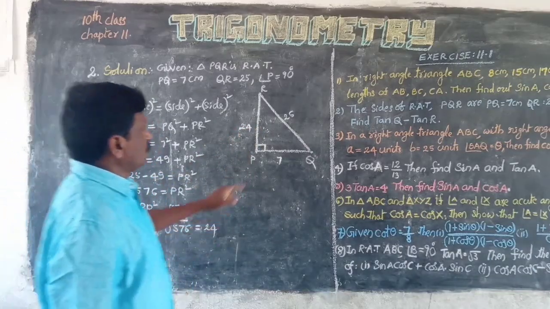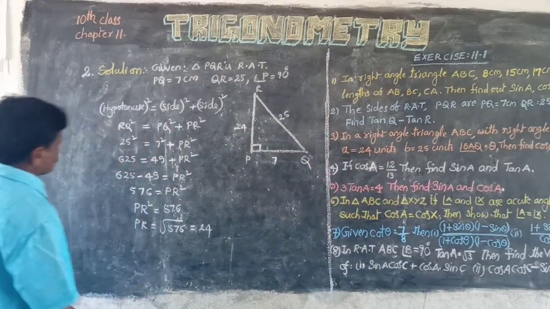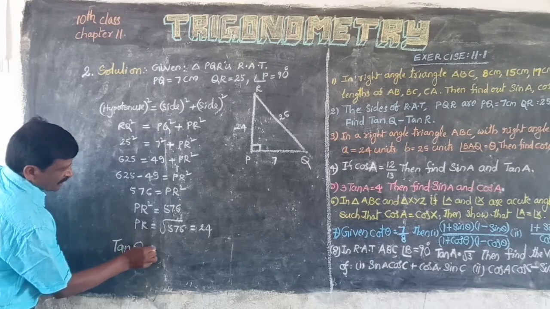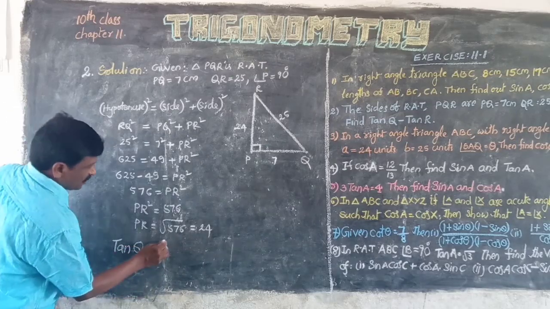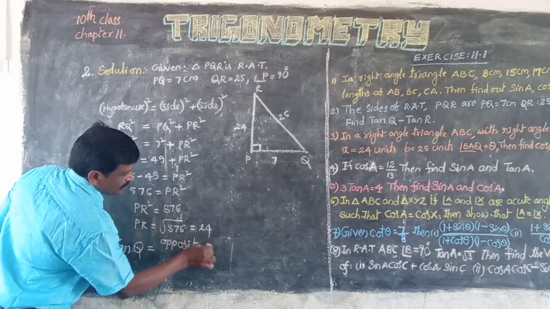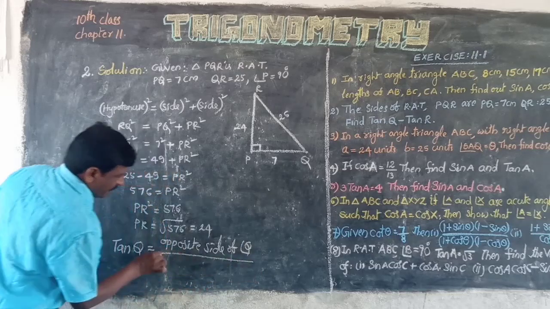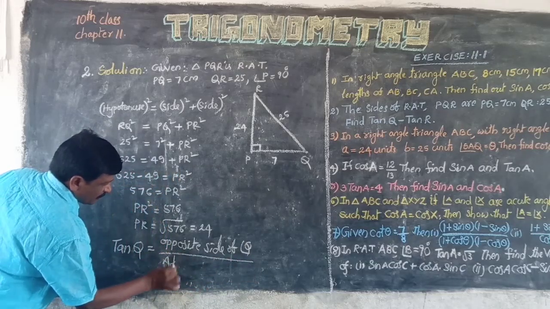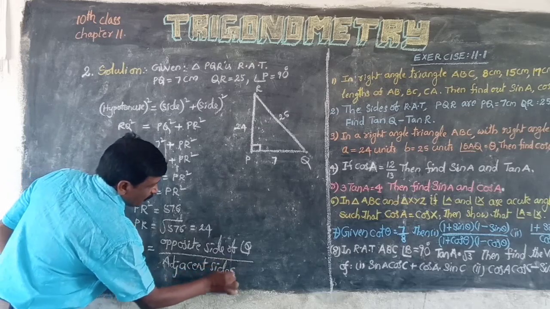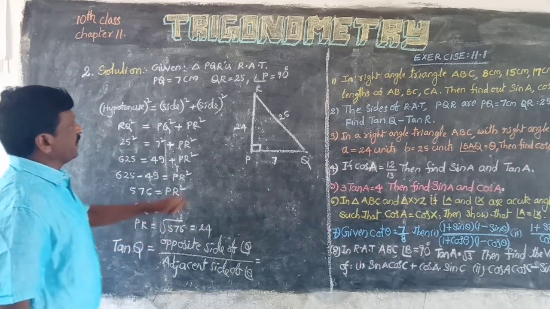Next, we want tan Q minus tan R. So first tan Q. Tan Q is equal to the opposite side of angle Q by the adjacent side of angle Q. Where is angle Q?